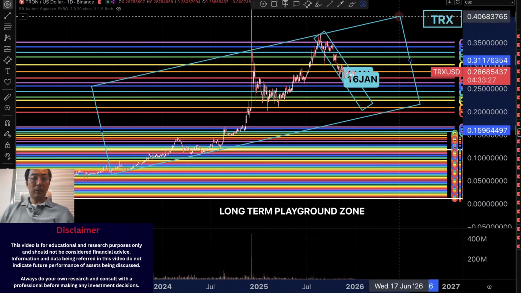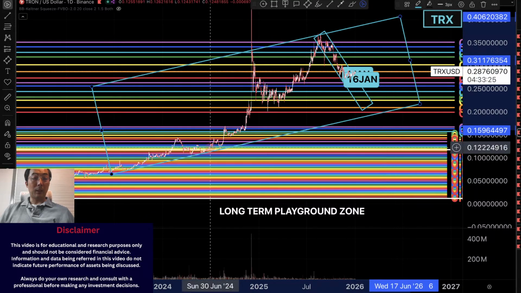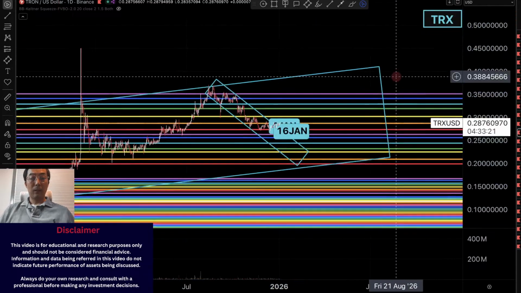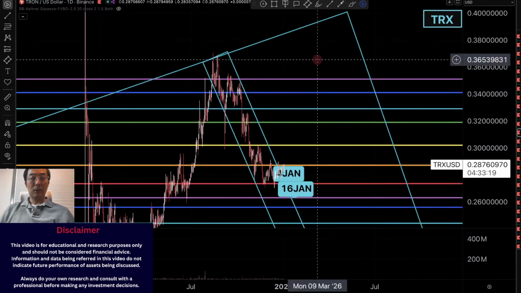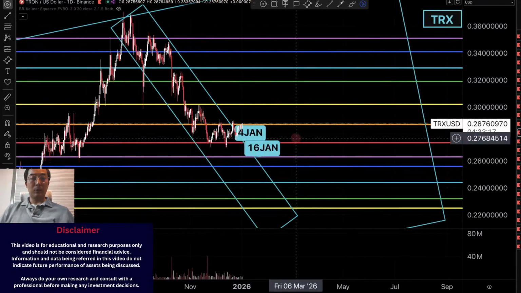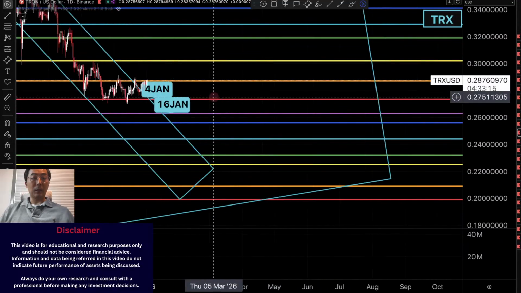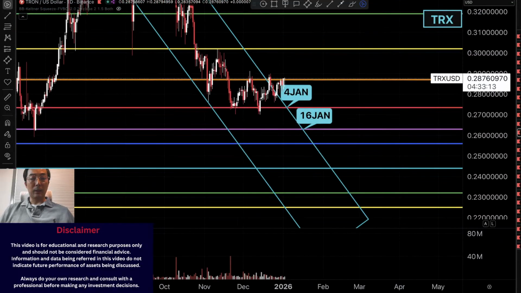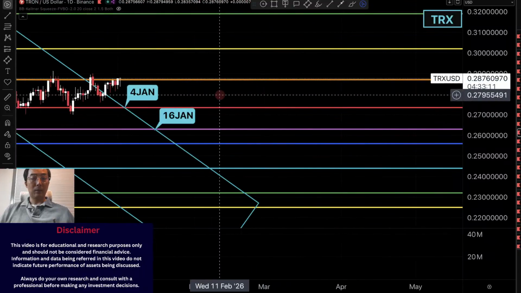So this is roughly the uptrend I tried to draw, that started somewhere in summer 2023. Alright, Tron is still within this uptrend, even if it breaks outside of the downtrend like what we discussed previously.